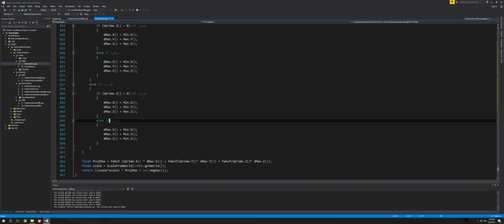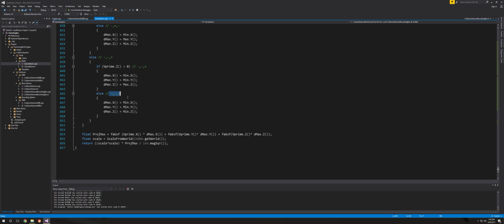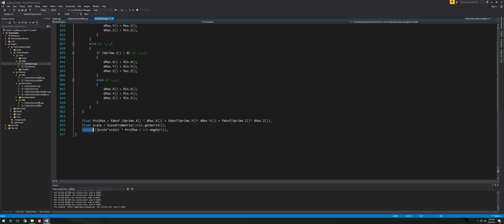We have all cases here, and we extract our x, y, and z coordinates. At the very end, we return the length of that vector projected onto whatever axis we are currently testing on. All this comes together and marks all of the collisions.